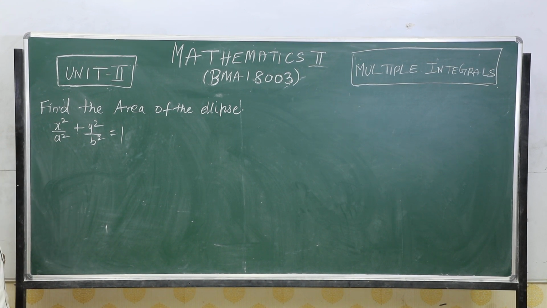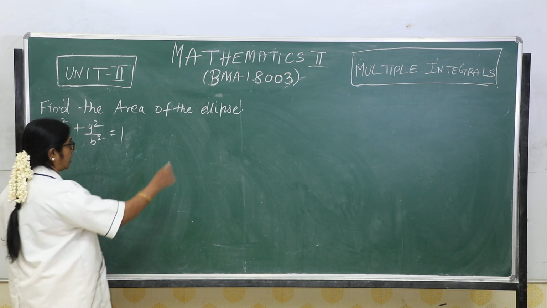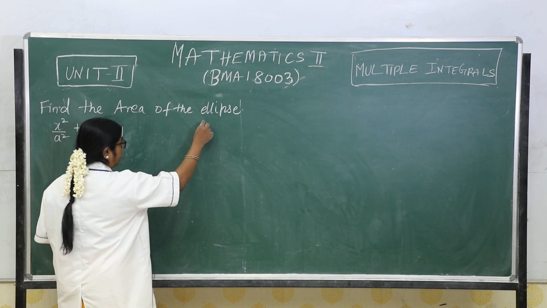Today we will see finding the area of the ellipse x squared by a squared plus y squared by b squared equal to 1. Before starting the problem, let us first draw the diagram.